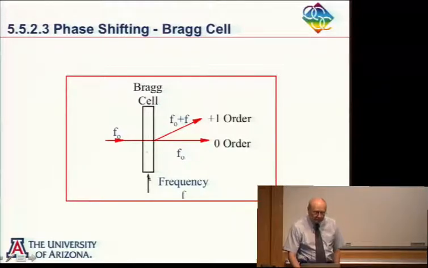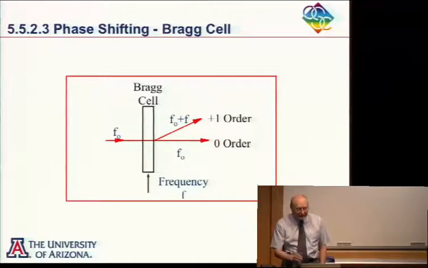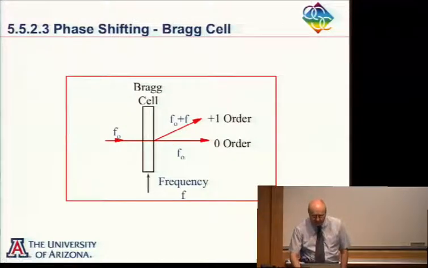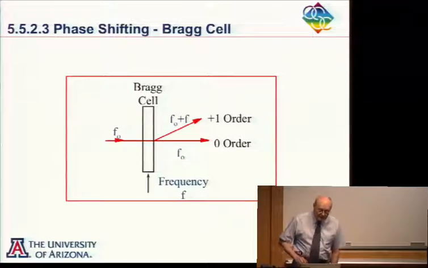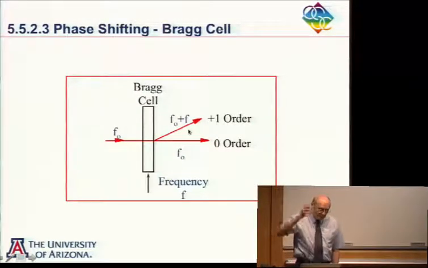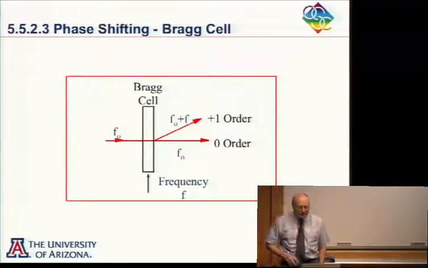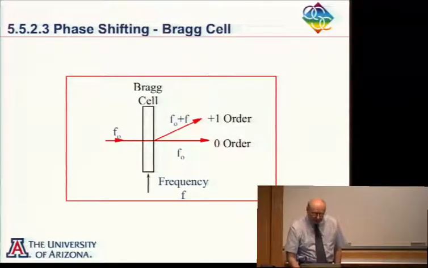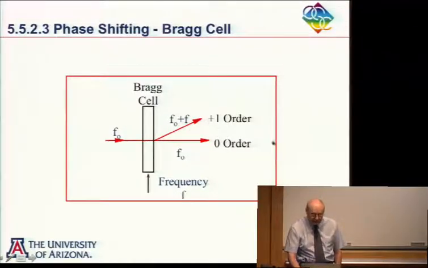But this is a moving grating, and it's moving at a rate of f periods per second. And so we're getting a phase change, and that phase change is going through 2 pi f times per second. And so what we really have here is a frequency change of the light.